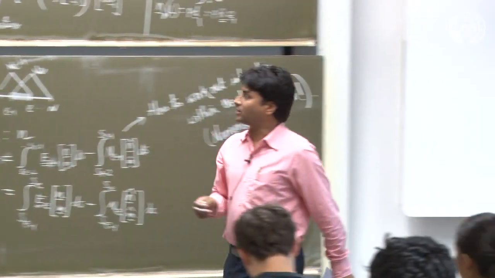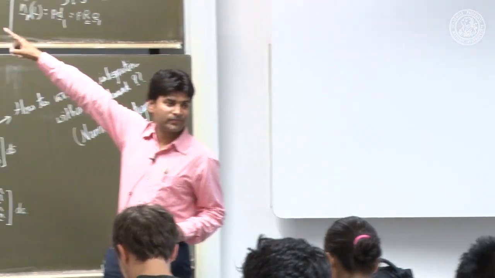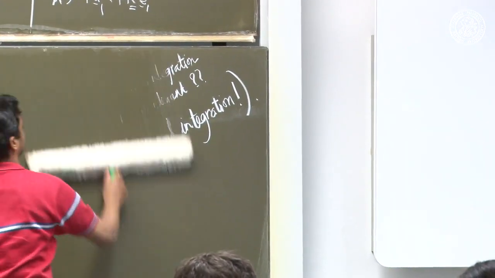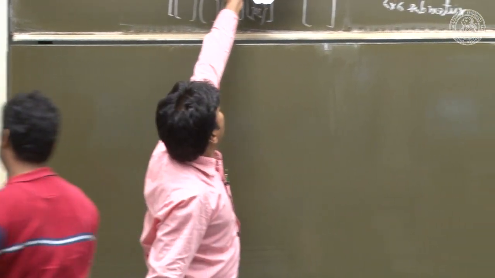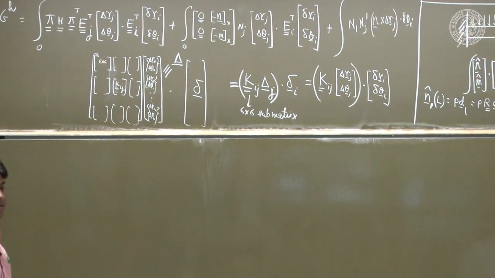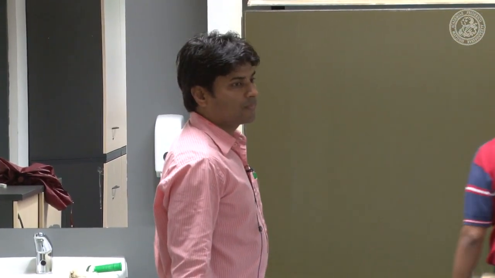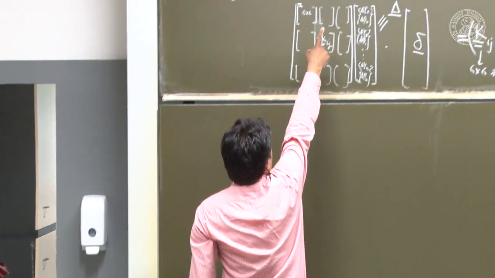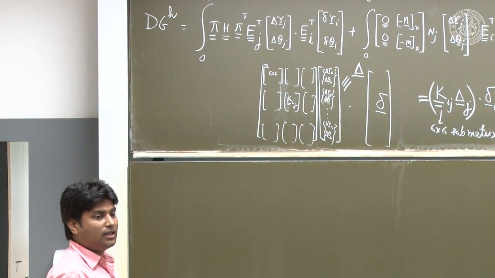So any idea how you can extract that K_ij from your dgh? It's all there for you to extract, isn't it? See, it's multiplied with your delta_j, and here is your del_i everywhere. From the first term, for example, you bring that E_i transpose on the other side, and it becomes E_i.